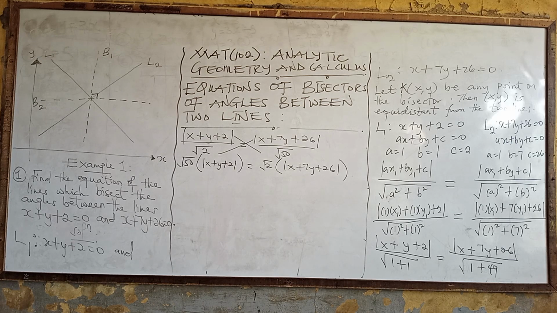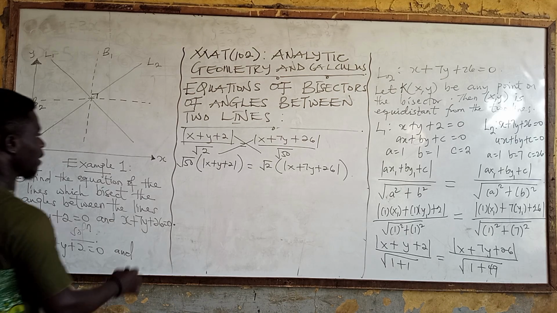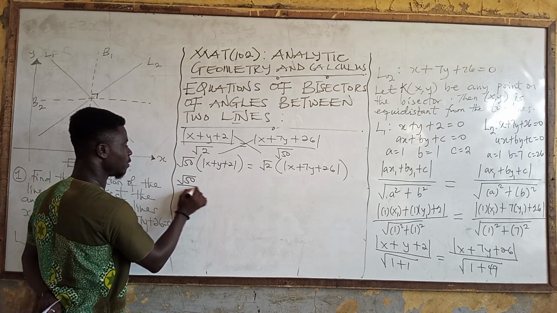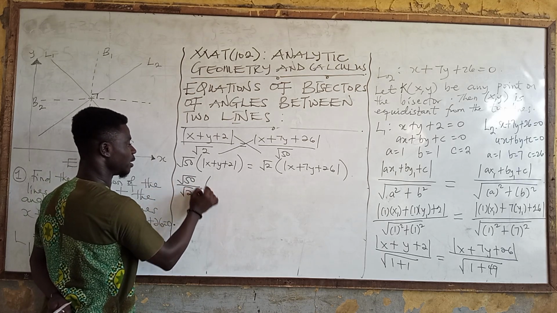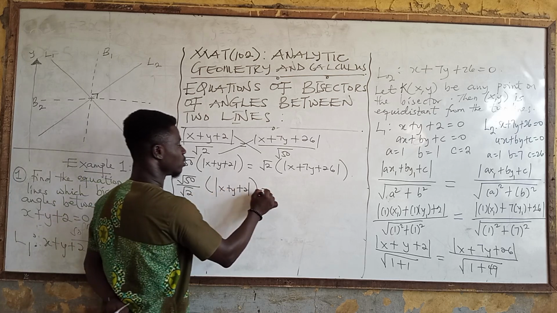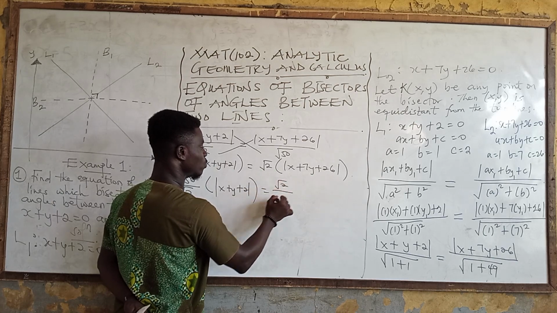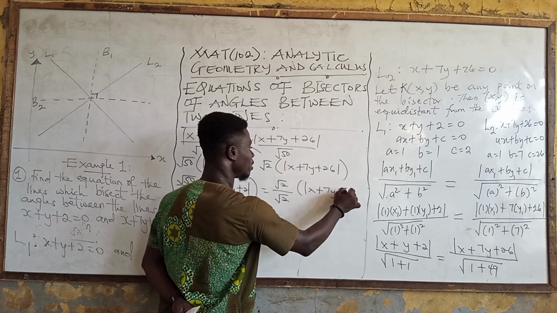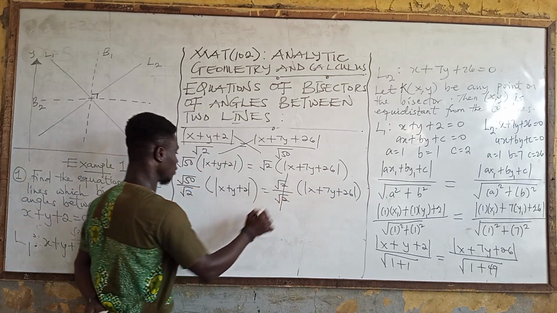So now we can divide both sides by square root of 2. So I have square root of 50 divided by square root of 2, then x plus y plus 2 equals square root of 2 over square root of 2, times x plus 7y plus 26. So now this one goes away.